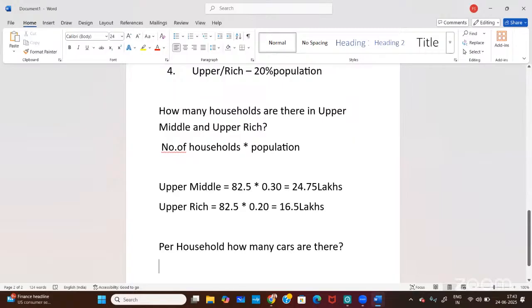Let me assume that 100% of upper middle will have one car.